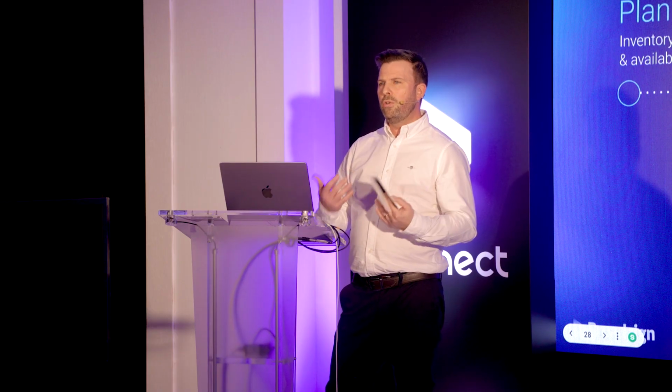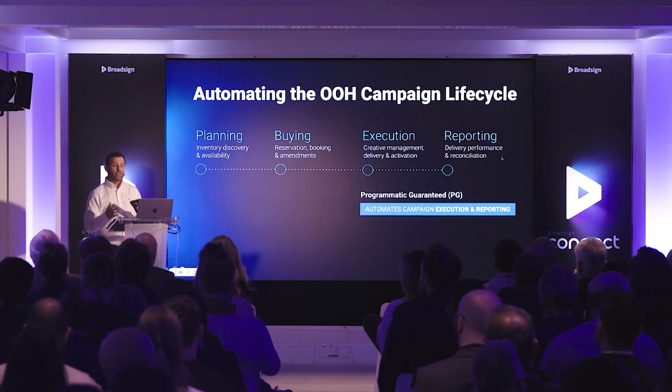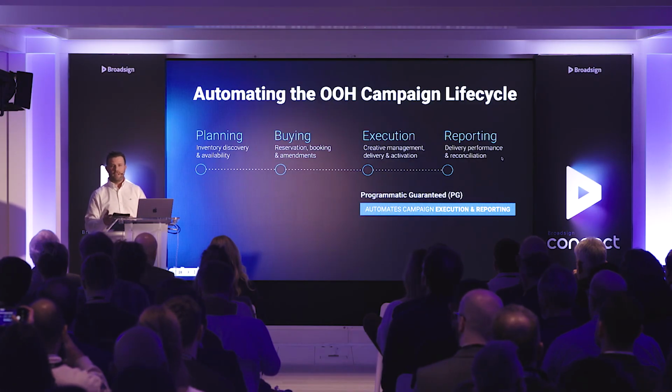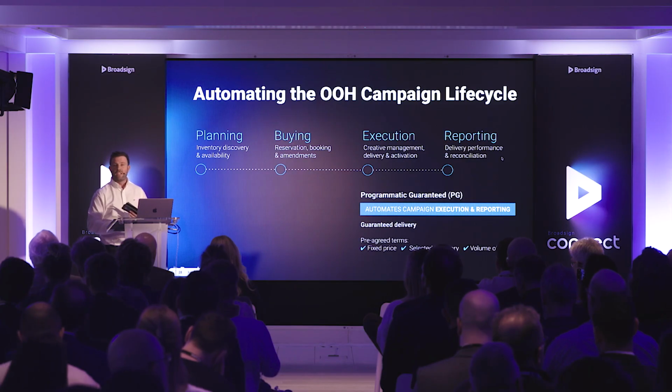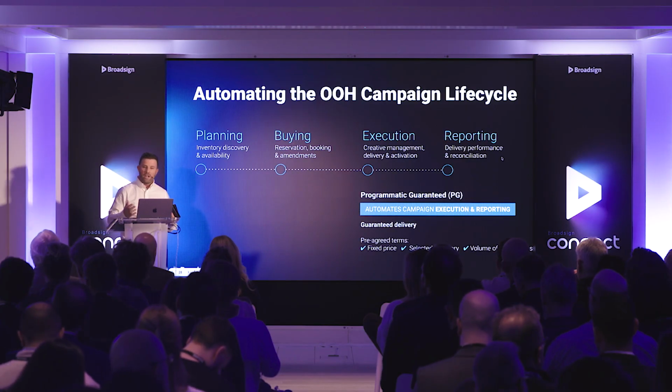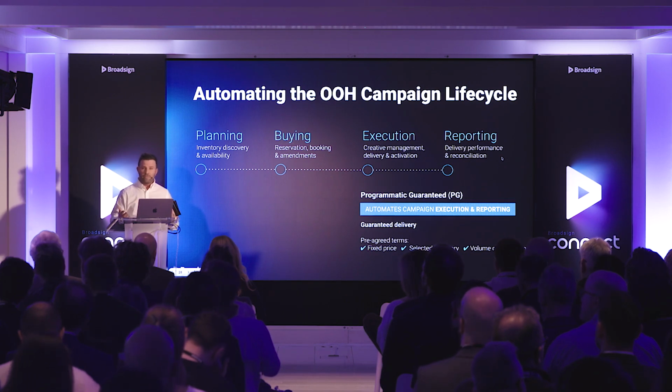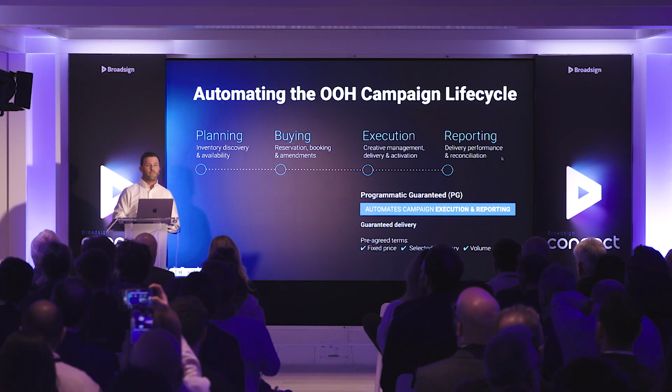Then if you look at the solutions we're developing, break that down: programmatic guaranteed is about automating that execution and reporting step. It's kind of a digital handshake of an offline agreement. So phone calls and emails still exist, you need to negotiate the price, but then the SSPs and the DSPs execute that campaign. So it's a guaranteed delivery: pre-agreed, fixed price, selected inventory, volume of impressions.